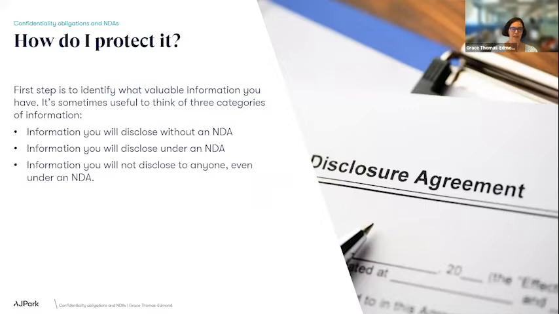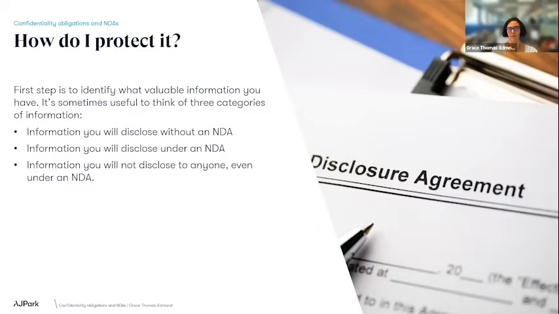And then you've got a third category that, again, I think people don't necessarily think about, which is information that you wouldn't actually disclose to anyone, even under an NDA, or you might only disclose to a very narrow group of people or in very narrow circumstances, even under an NDA. That might be, if you had some very valuable trade secrets, for example, you wouldn't just disclose those to anyone just because you had an NDA in place.